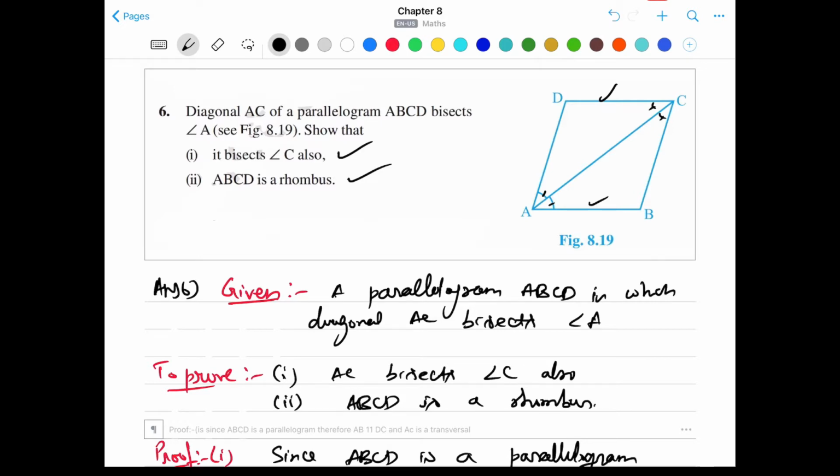Okay, so let's name this angle as angle 1. This is 2, then we have here 3, and angle 4.